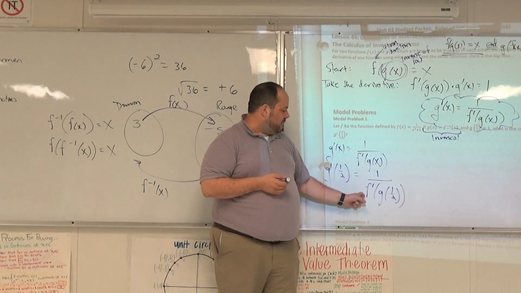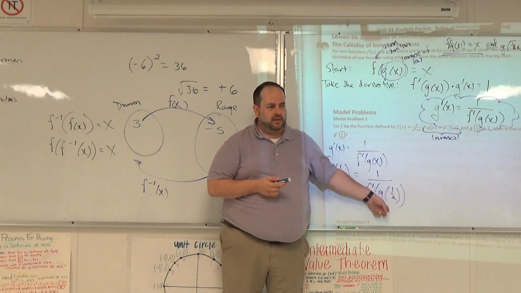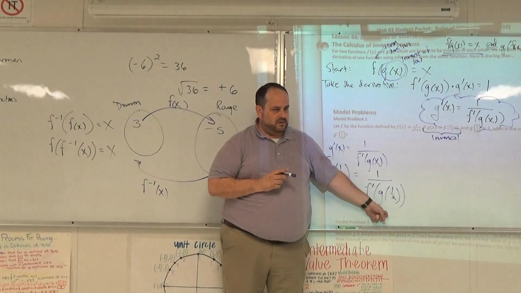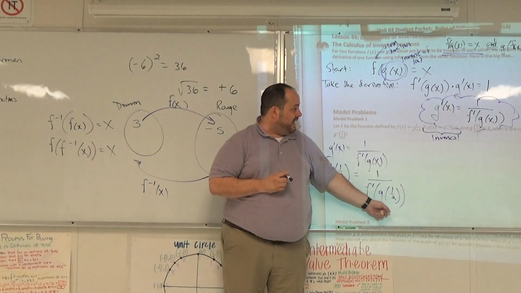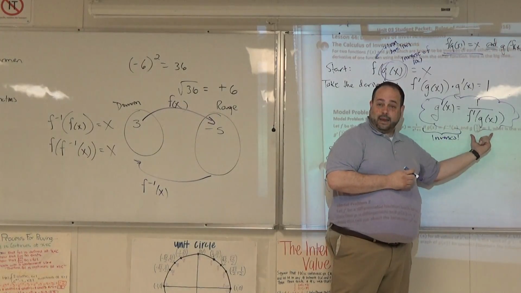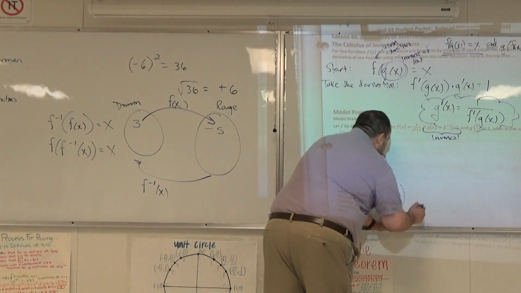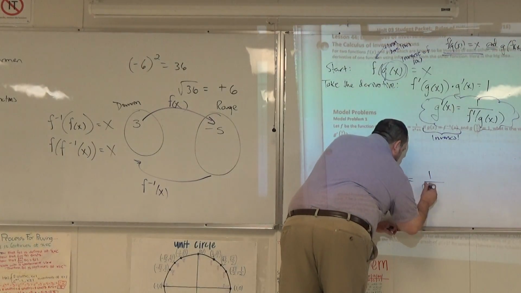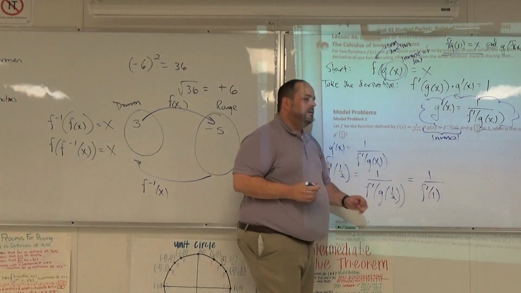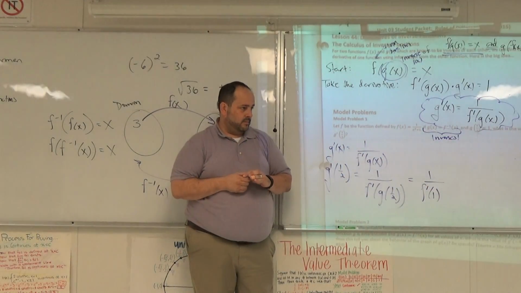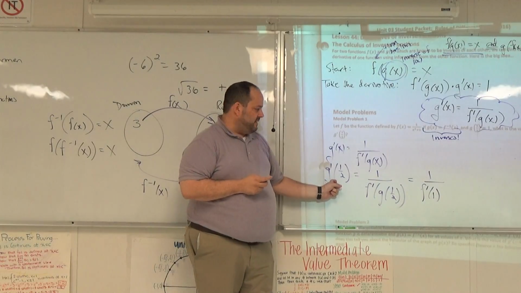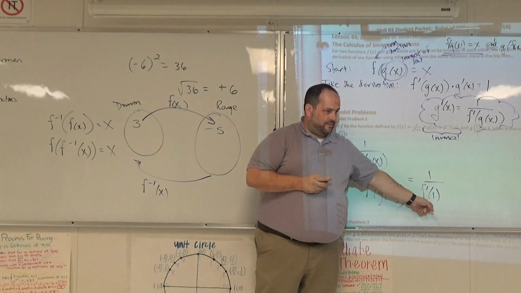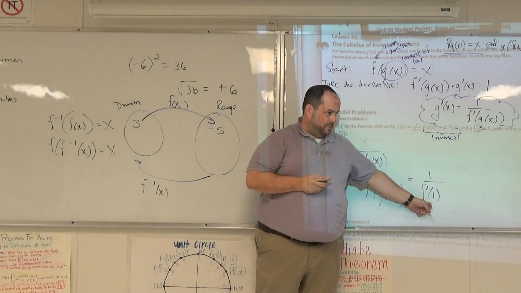Anybody know what g of 1/2 is? G of 1/2 is 1. They gave me that information in the beginning. So all I really need now is 1 over f prime of 1. To figure out g prime of 1/2, I need to take the reciprocal of f prime of 1.